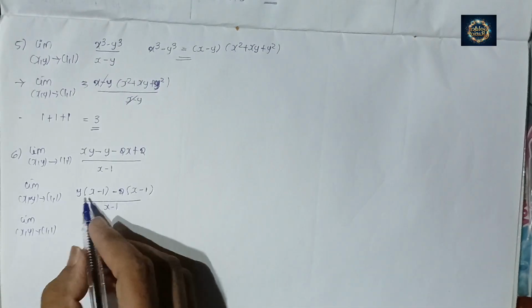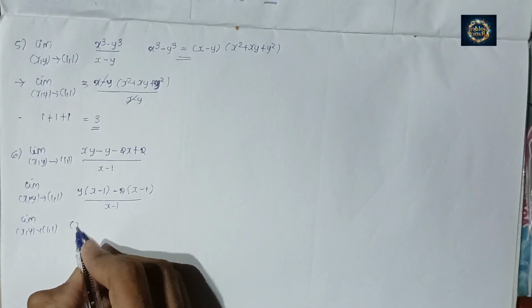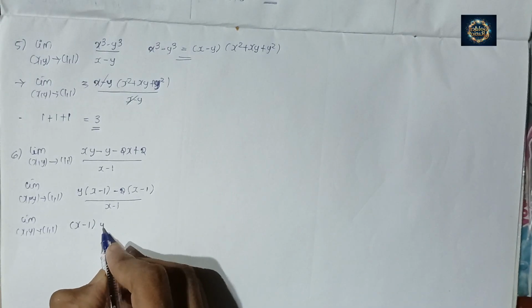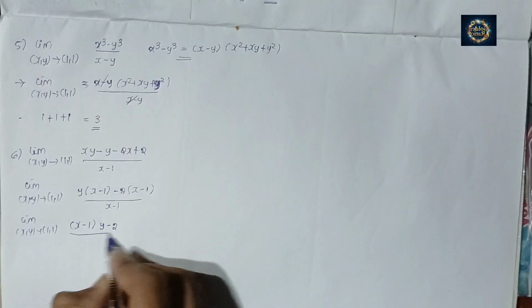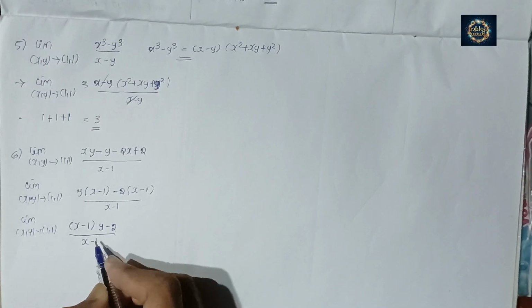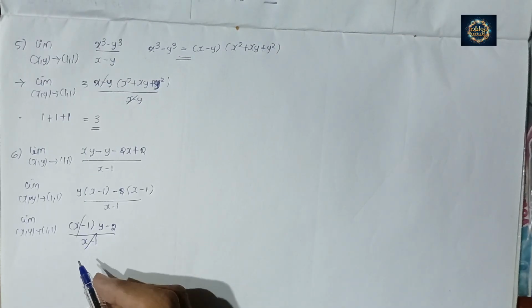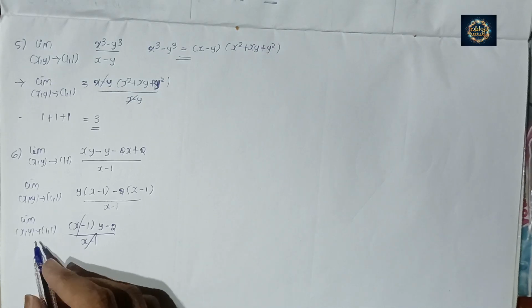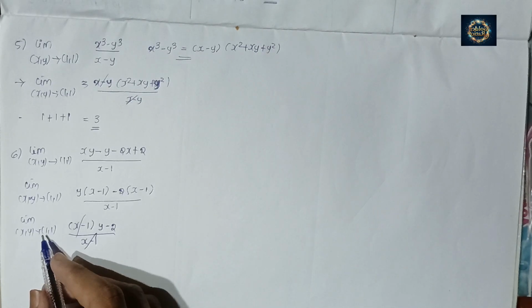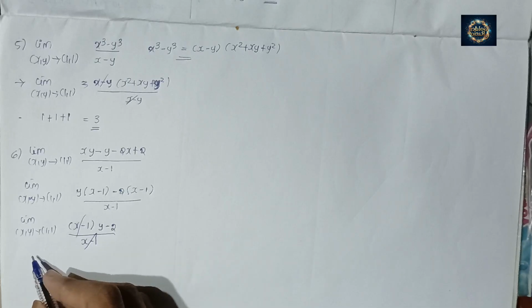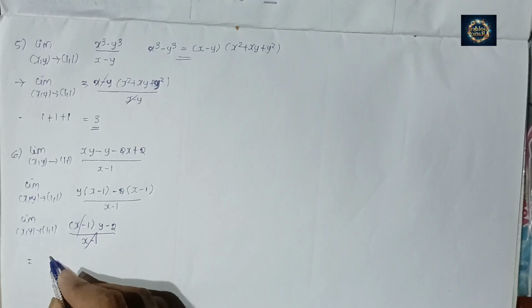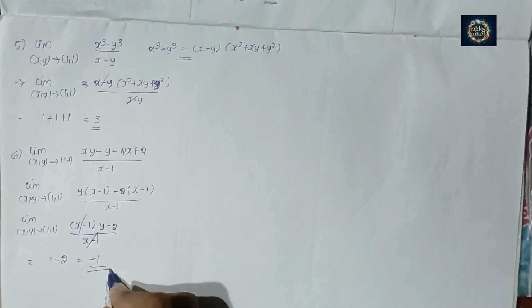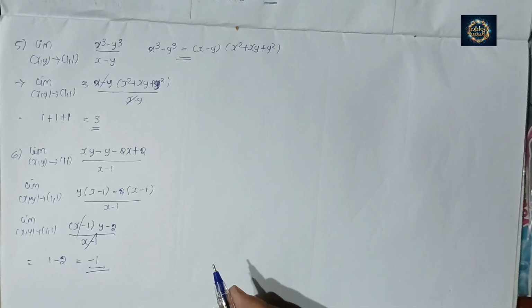So in these terms I can take x minus 1 outside, and what remains is y minus 2, divided by x minus 1. So this gets cancelled. Now I can substitute my limits, x comma y approaching 1 comma 1. So y is 1, so I can write 1 minus 2, which is nothing but minus 1. So this will be the answer.